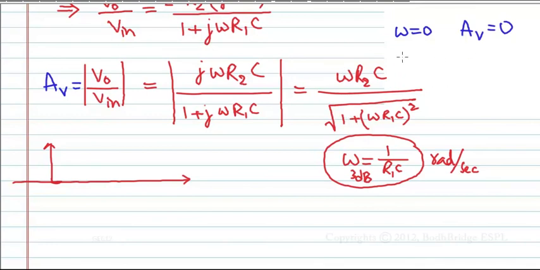When omega is very large, what happens? Omega R1C is very large compared to 1, therefore this 1 can be neglected. Therefore, the square and root can be cancelled, which implies R2 into C by R1 into C, which is R2 by R1.